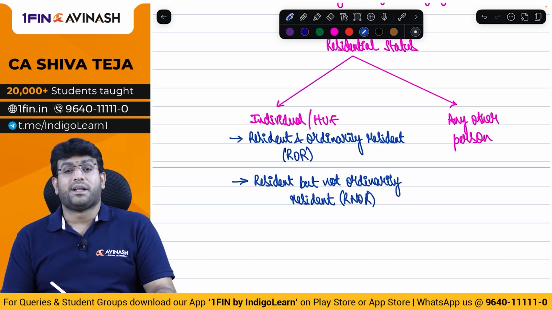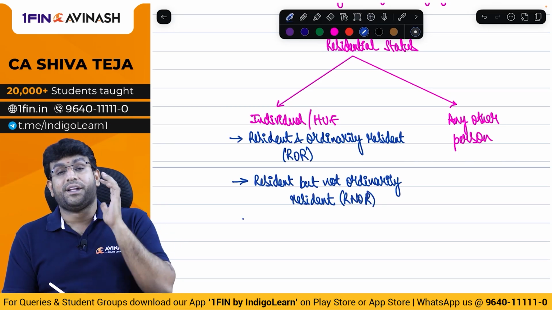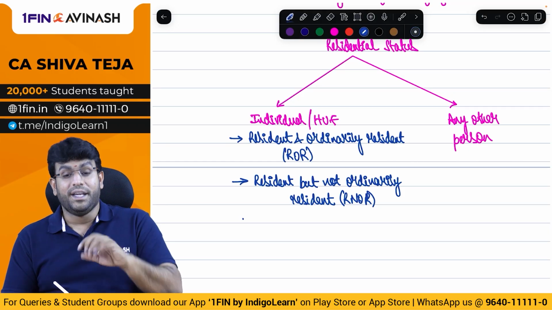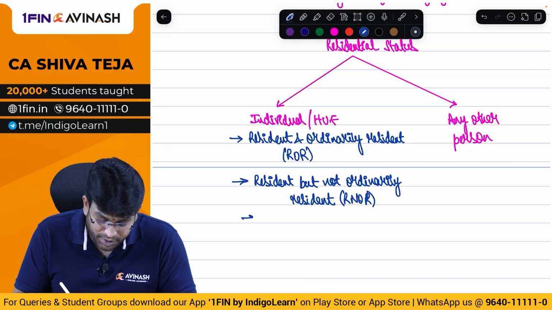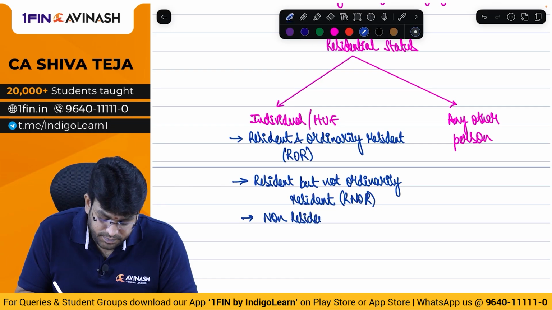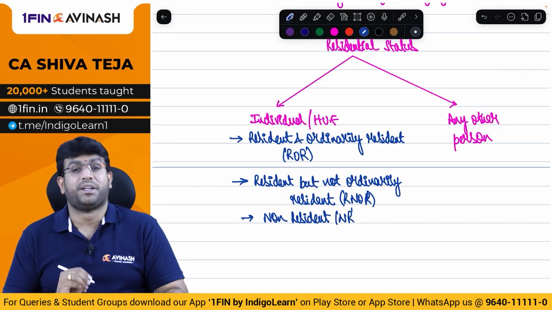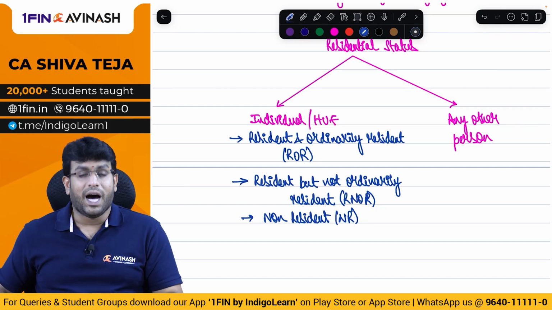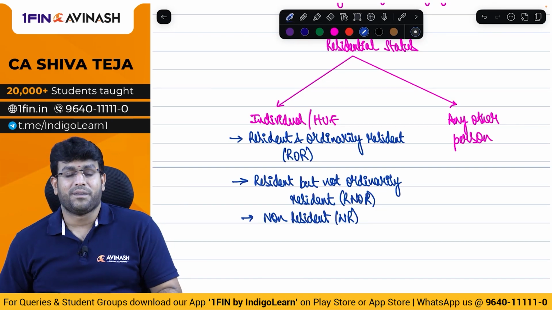And the third point is known as non-resident. So for individual HUF, there are three categories, my dear friends: ROR, RNOR, NR.